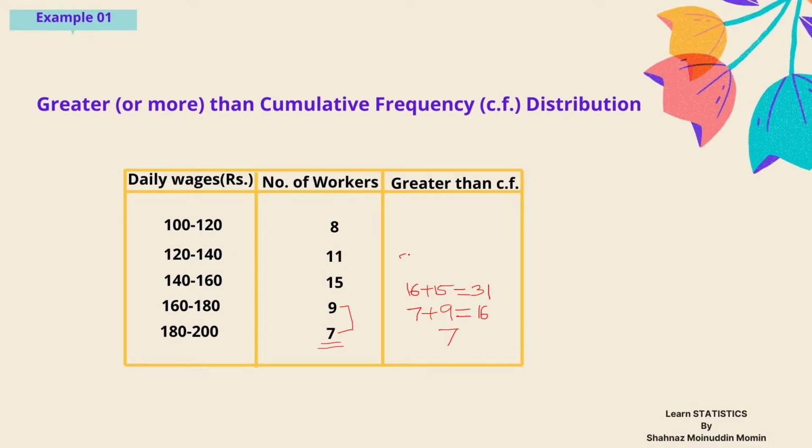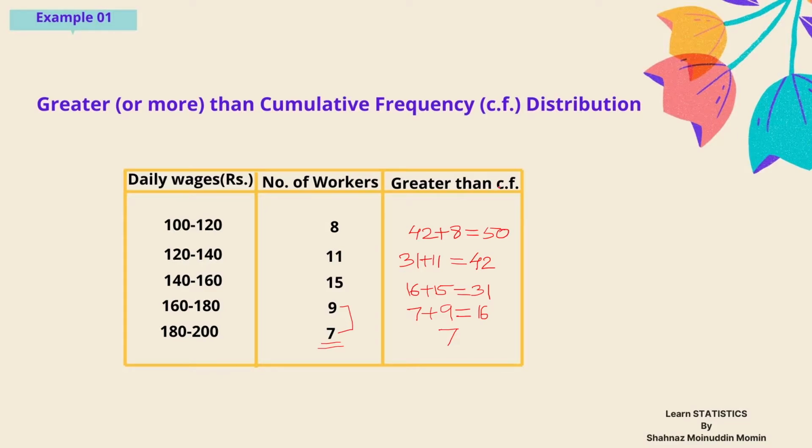Next one is the last 4, means the sum of the last 3 is 31 and the fourth one is 11. It comes out to be 42. And next is 42 plus 8, which is 50.